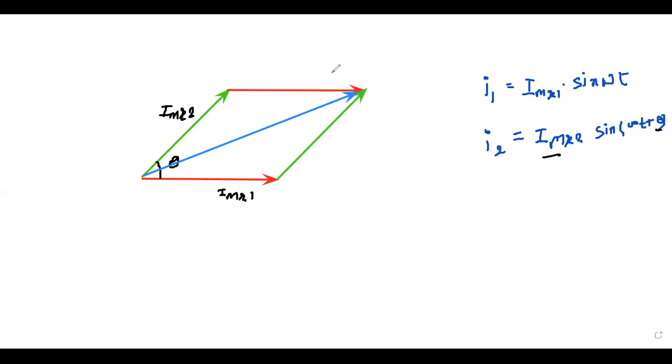Resultant means the addition of these two; it will give you the resultant current. And this resultant is at a certain angle with respect to this reference. First of all, tell me, anyone, any doubt up to this?